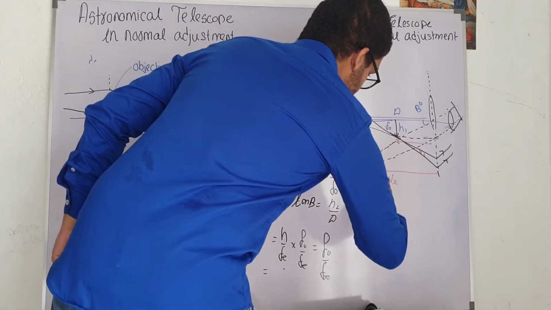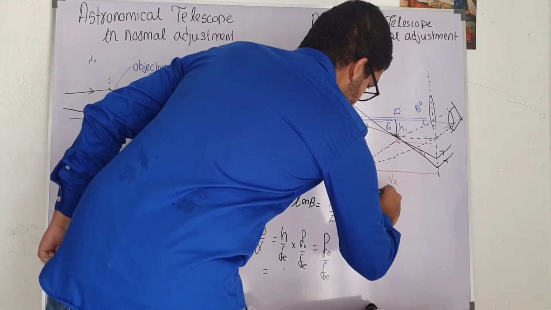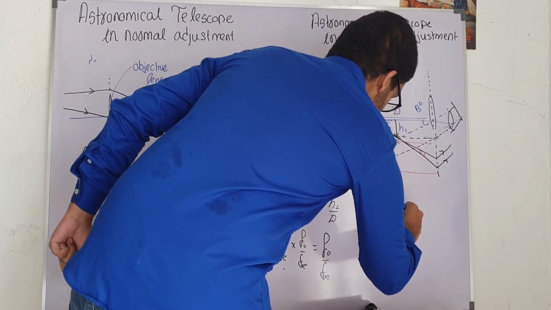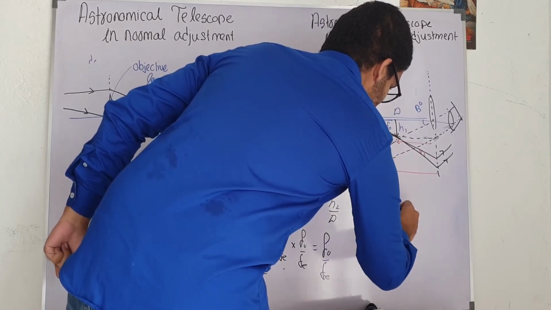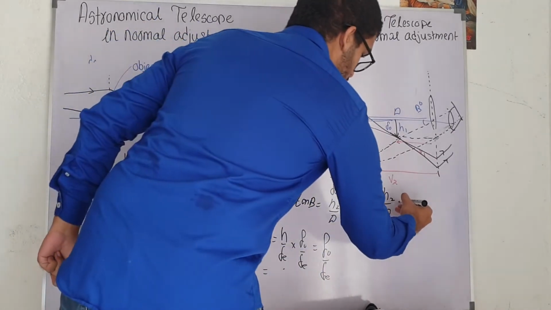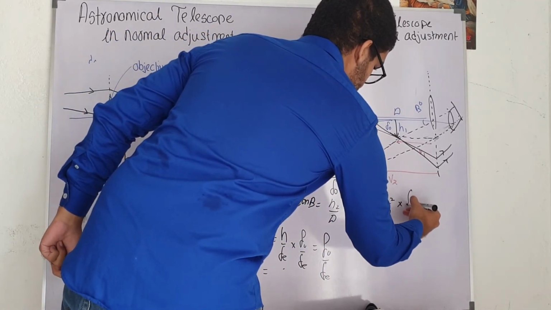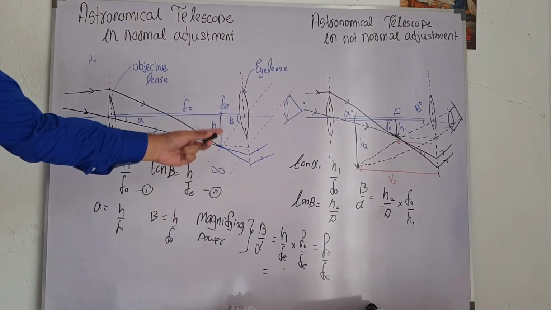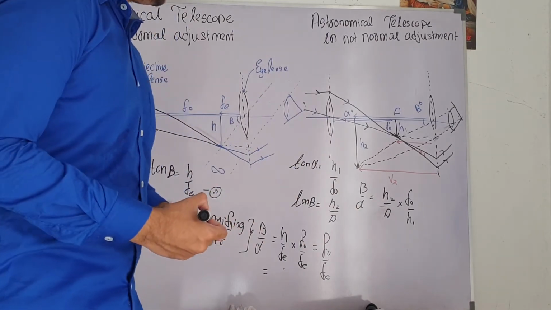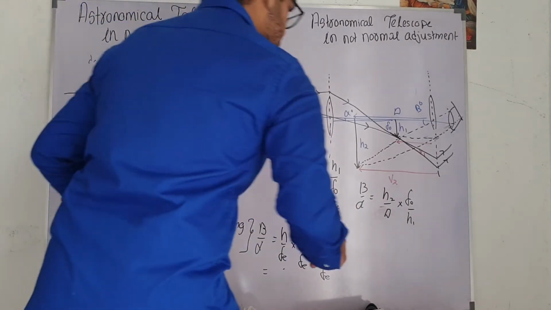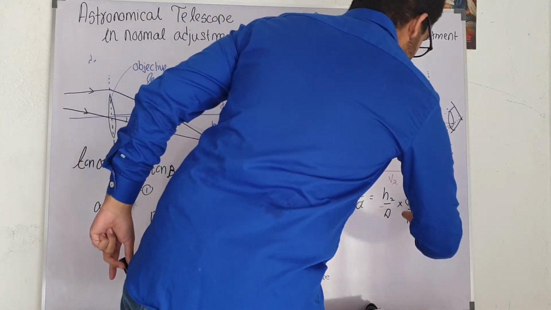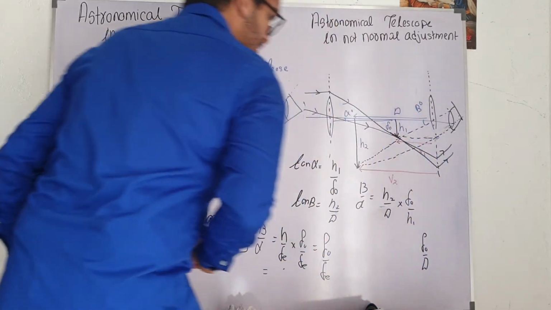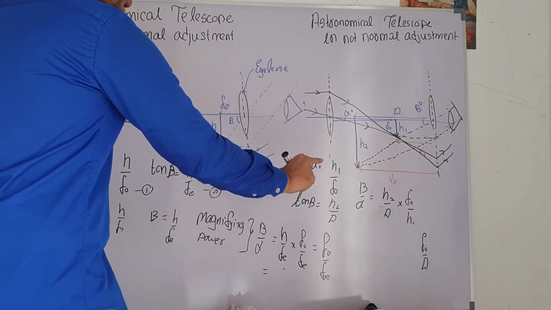When we consider beta by alpha, it equals h2 over d times f naught over h1. So now we have f naught over d, times h2 over h1.